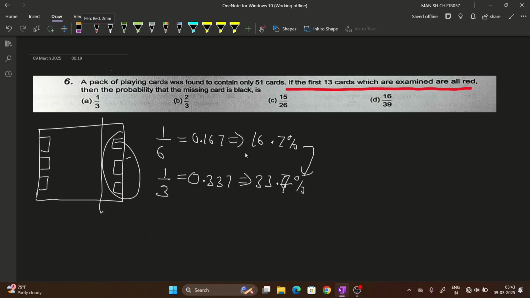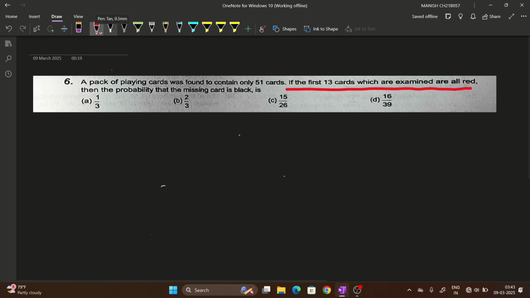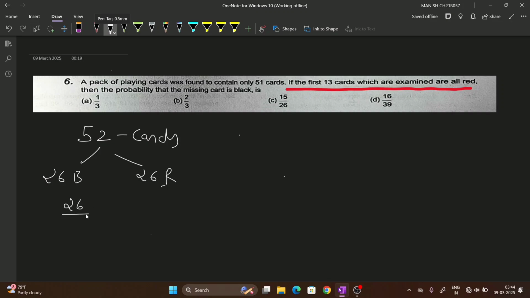Okay, now coming to the question, a pack of 52 cards contains 26 black cards and 26 red cards, and finding one black card is 26 by 52, so it means 1 by 2, which means 50%.